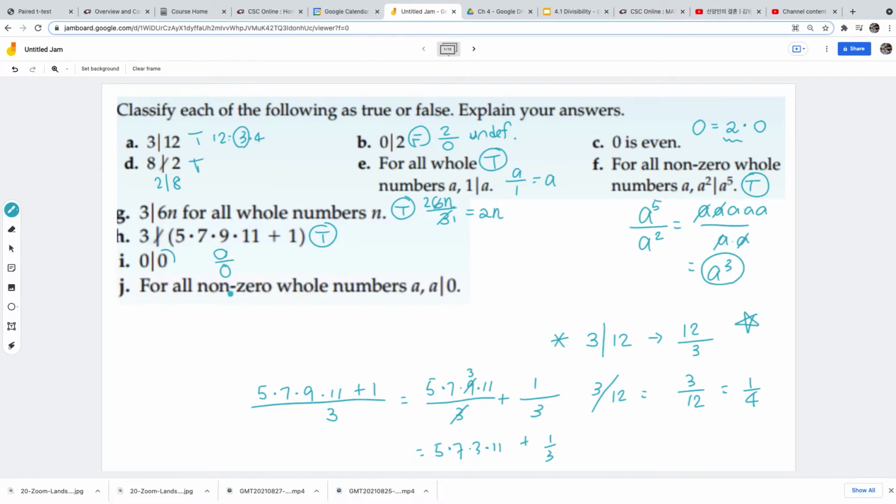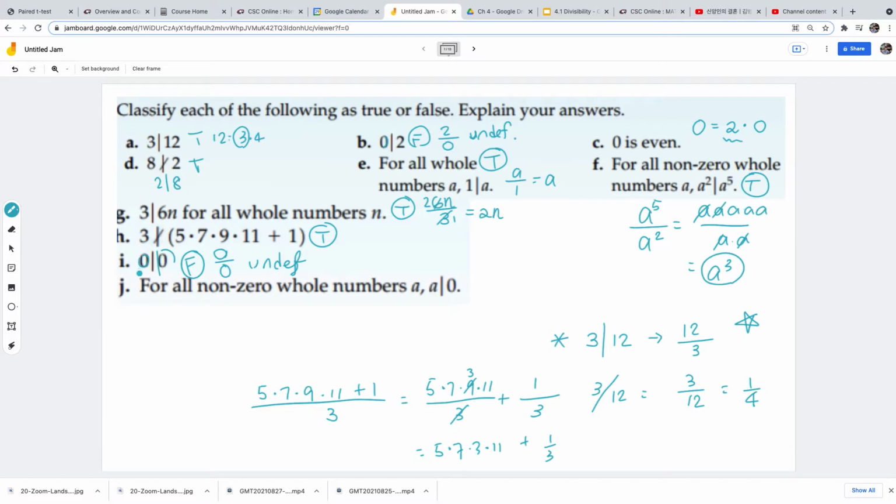Think about this. In the division, we said if you have a denominator 0, it's undefined, right? So of course you cannot have 0 dividing 0. So whenever you have a 0 divides something, like part B here, that's undefined and that's false. 0 cannot divide anything.